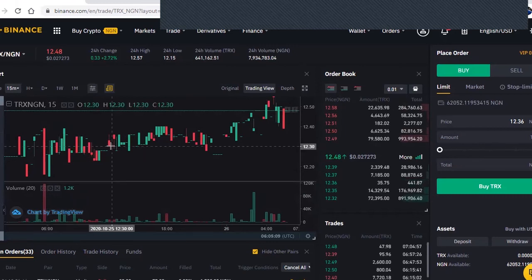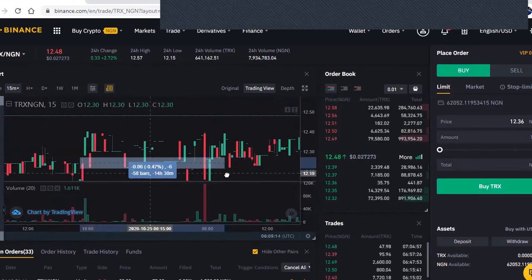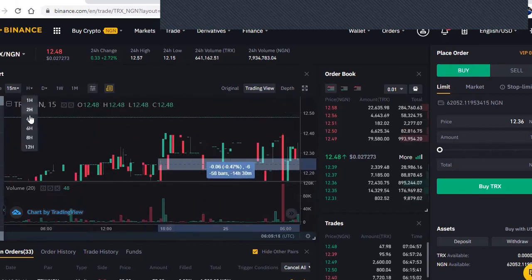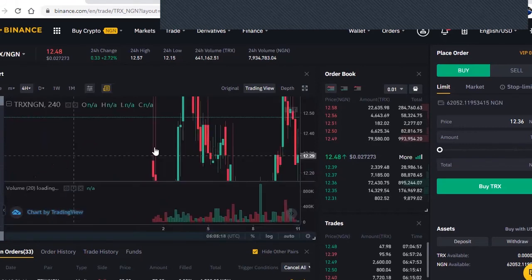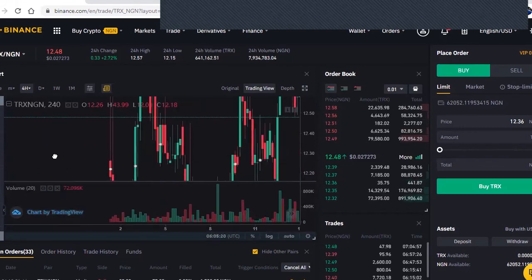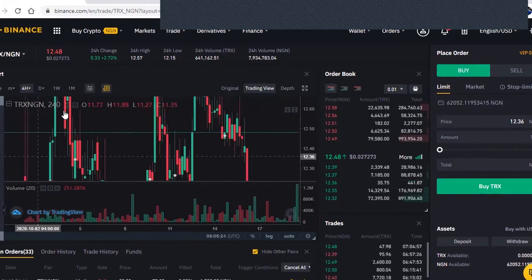Let's look at TradingView. Like I said, each candlestick means what happened in the market for every 4 hours.